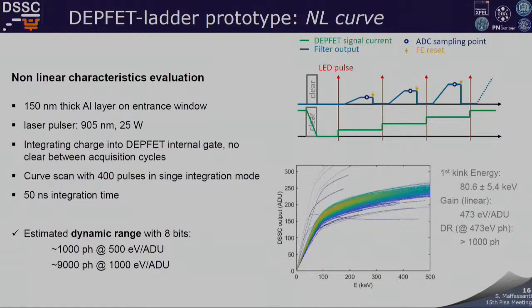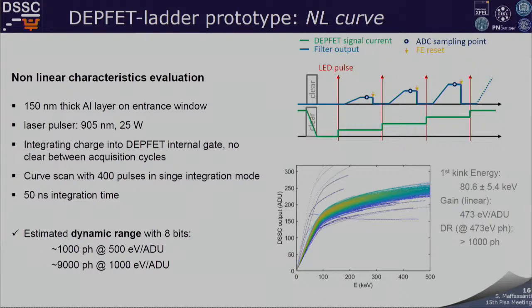Moreover, we tried in the lab to see the compression curve of the DEPFET. Unfortunately, we have been requested to have a 150 nanometer aluminum layer on the backside to block the light. So in our lab it's not easy to see the nonlinear curve by using light.